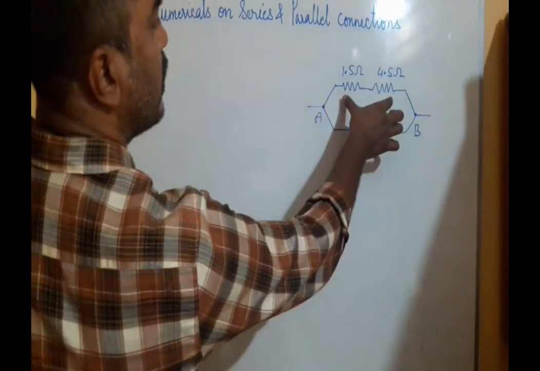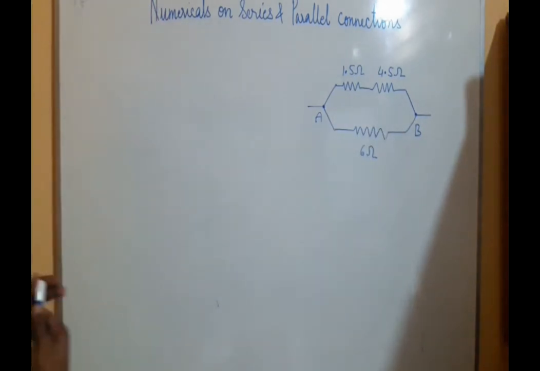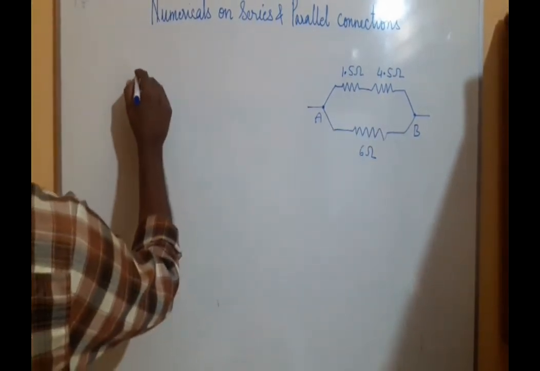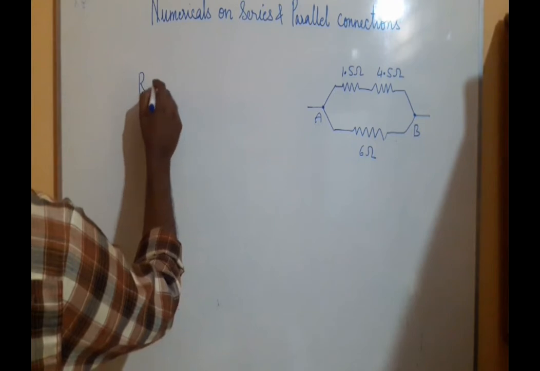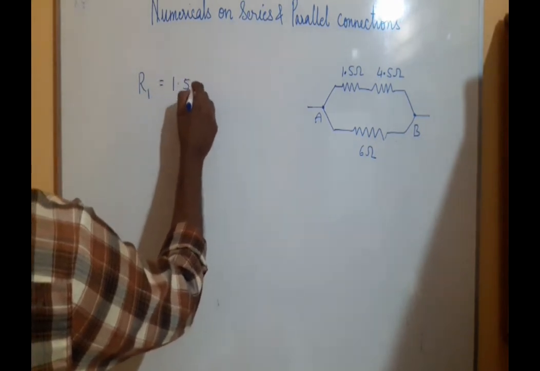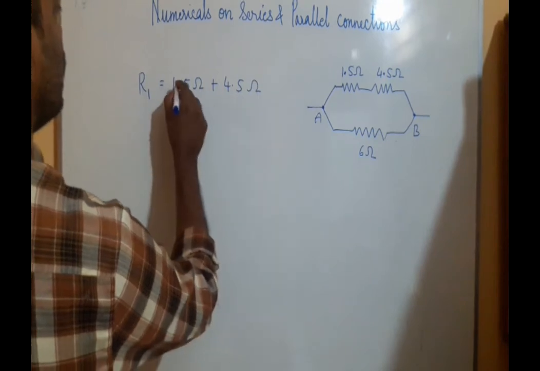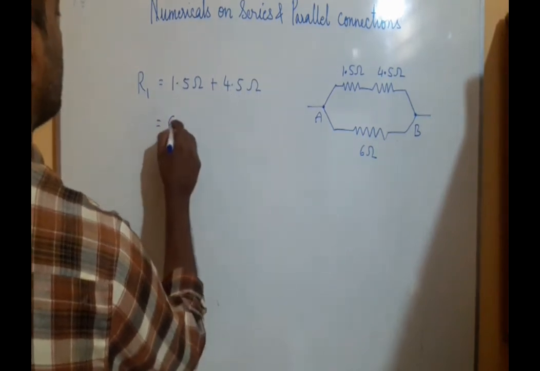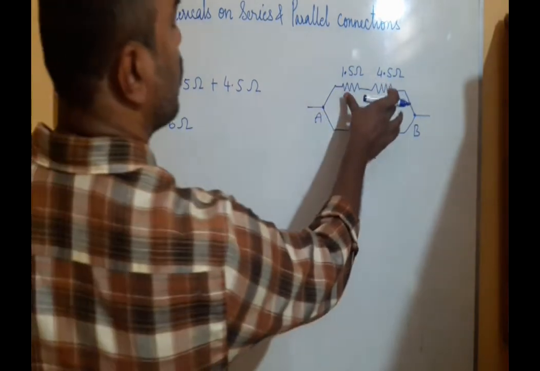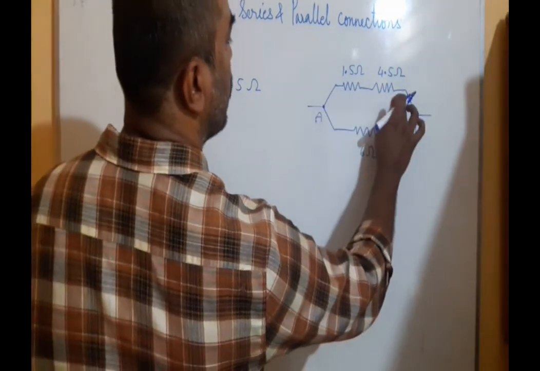So let me find out the equivalent resistance of these two first. Because they are in series, I can say the first part R1 is 1.5 ohm plus 4.5 ohm, which gives me 6 ohm. So this part of the circuit now has 6 ohm resistance.